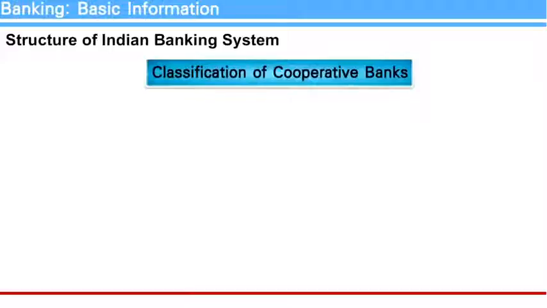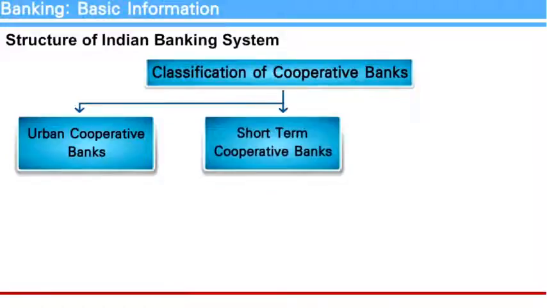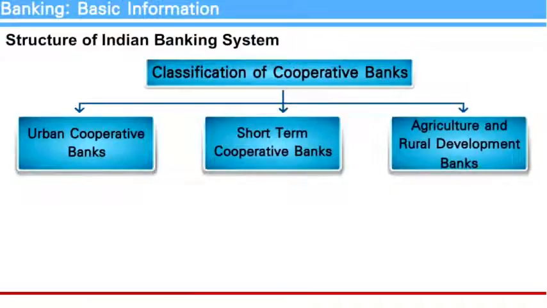Cooperative banks are classified into urban cooperative banks, also known as primary cooperative banks, short-term cooperative banks, and agriculture and rural development banks, in short ARDBs. Though agriculture and rural development banks are called banks, they do not perform all functions that a bank should perform.